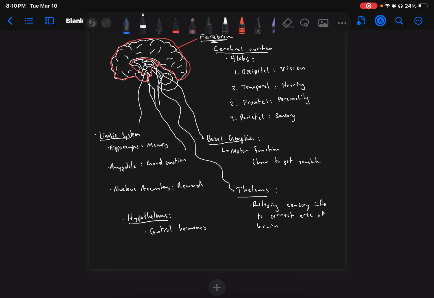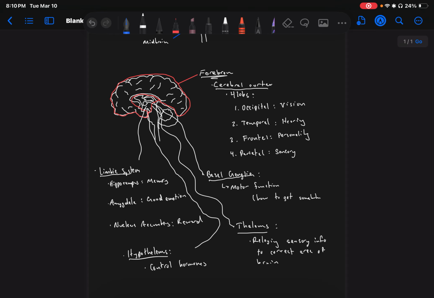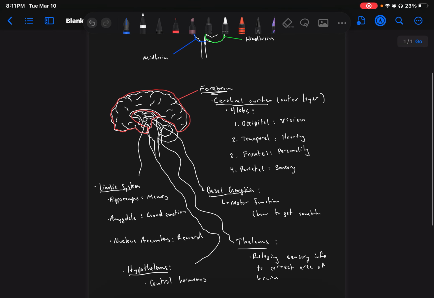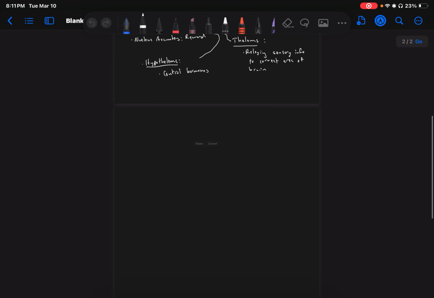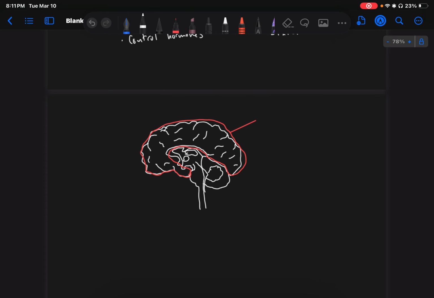But just know that the cerebral cortex is just the outer layer, so that's something to know. Well, yeah, so that's the forebrain. I guess we could move on to the midbrain now. The midbrain is, I don't think there's much to it.